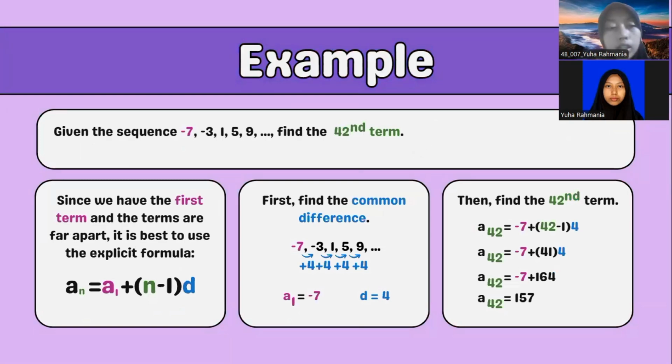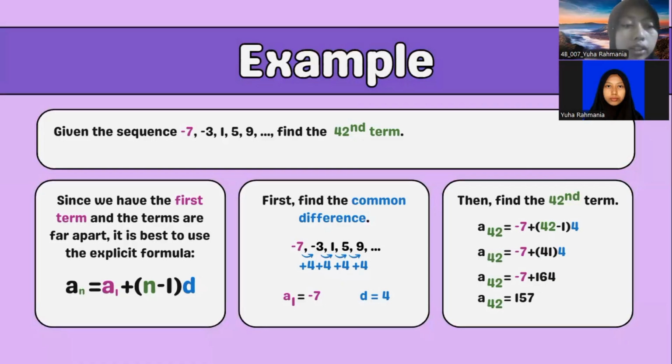Now, let's study another arithmetic sequence example using the explicit formula. The sequence is negative 7, negative 3, 1, 5, 9, and so on. In this problem, we are asked to find the 42nd term. First, we identify the common difference by subtracting consecutive terms.